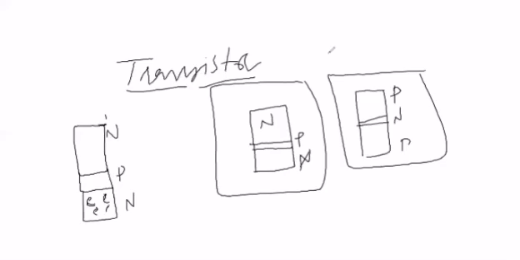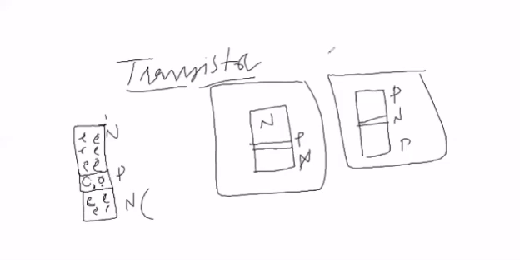And you know that in P type there are holes as majority carriers. So in N type, electrons are the majority carriers. These are the three regions of the transistor.